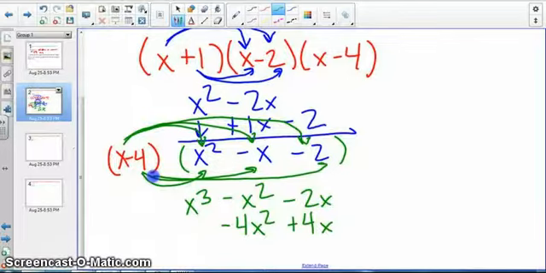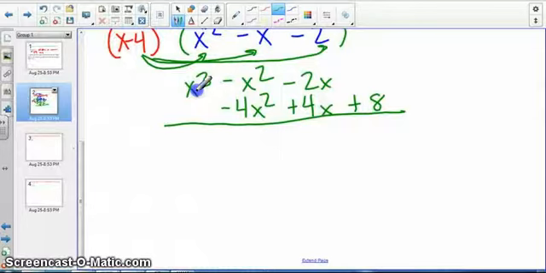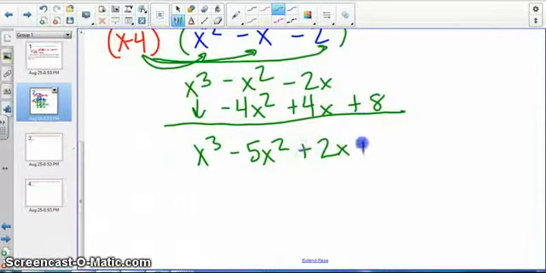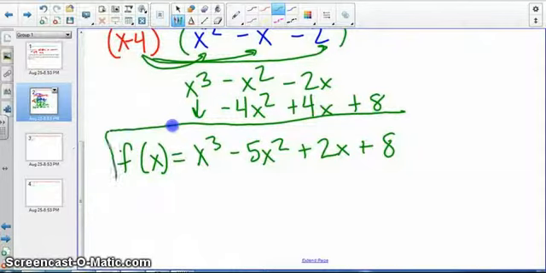And negative 4 times negative 2 is positive 8. So now I need to combine my like terms. I've just combined my like terms up and down, and I would have my polynomial written in standard form.